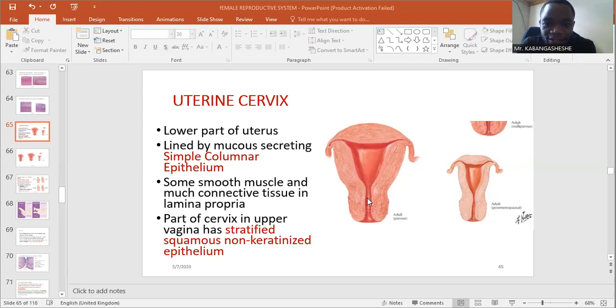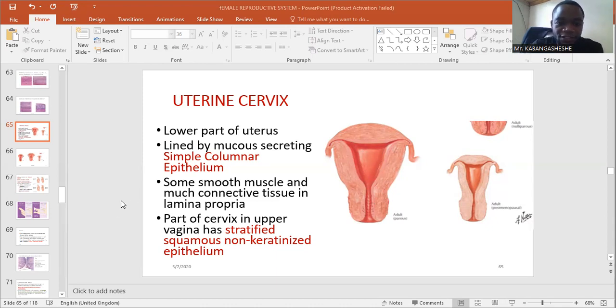Whereas the endocervix is consistent with the uterus. So the uterus is simple columnar epithelium. All right, so those are the two parts of the cervix, ecto as well as endo. Cervix lined by two different types of epithelium.